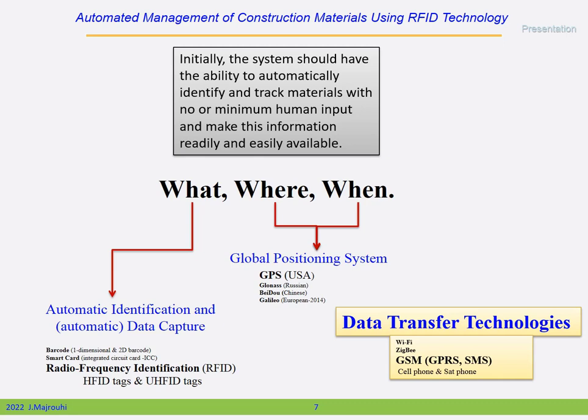Initially, the system should have the ability to automatically identify and track materials with no or minimum human input and make this information readily and easily available to answer 3 questions of what, where, and when. That what points to automatic identification and data capture, and where and when points to global positioning system.